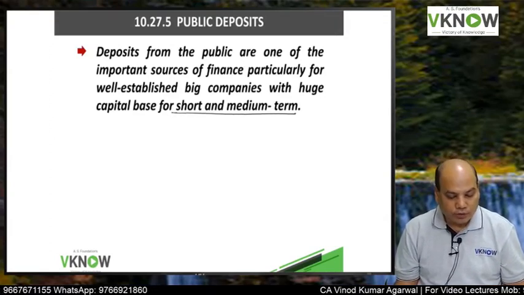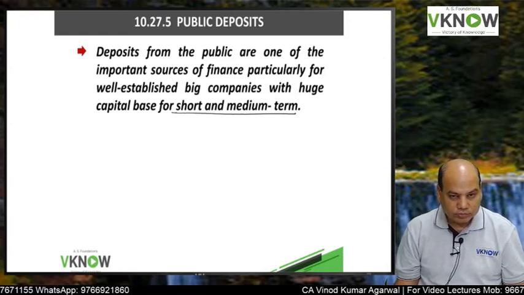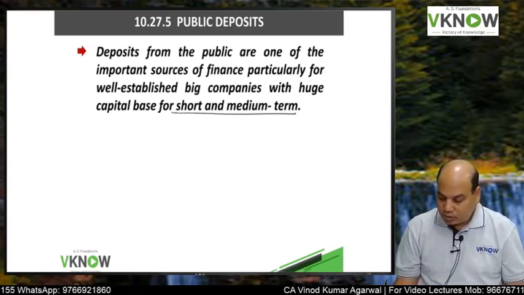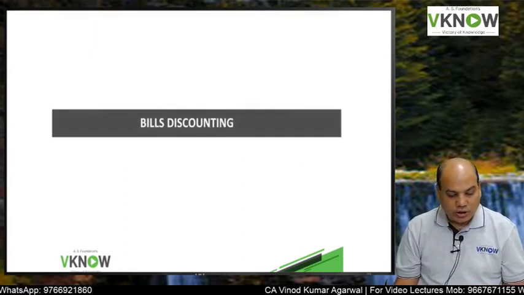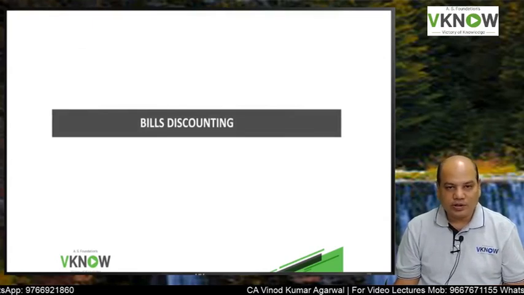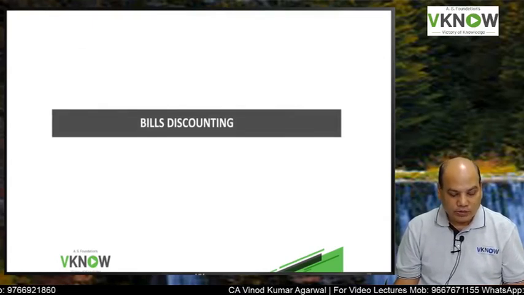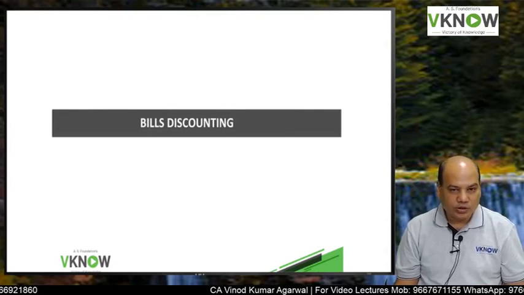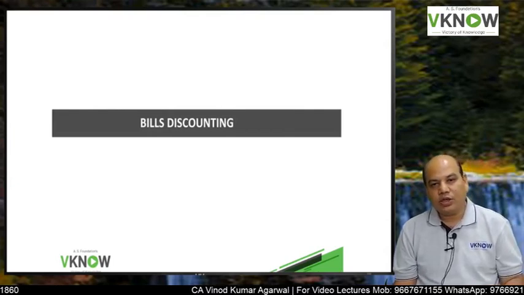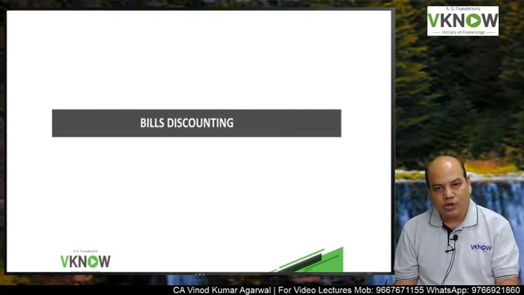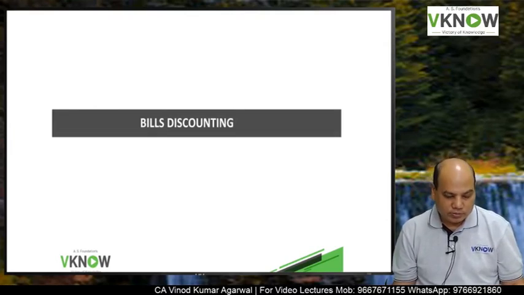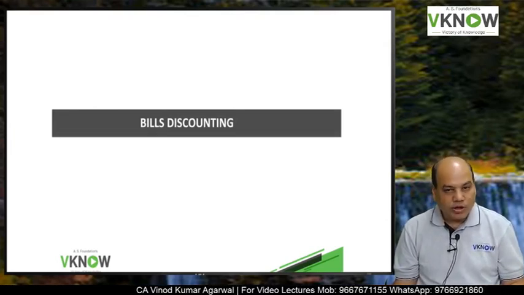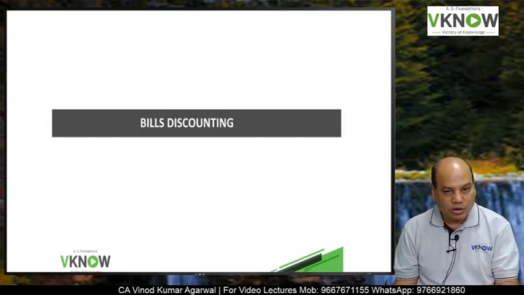You cannot use it for long term. Public deposits in India are governed by the Companies Act. Companies have to comply with the regulation and then only they can raise money from the public by issue of public deposit.